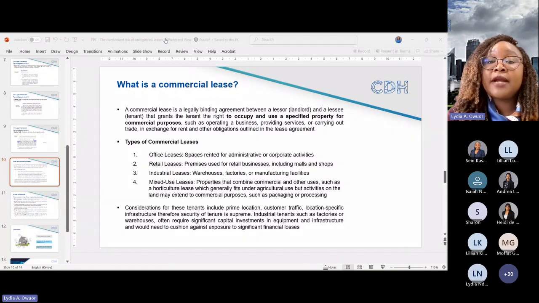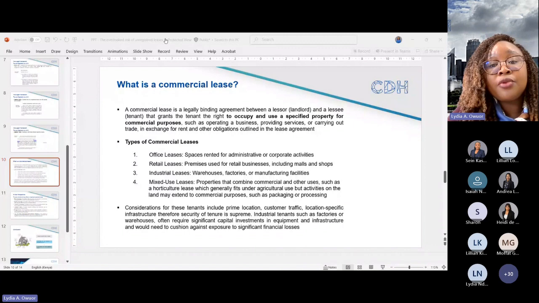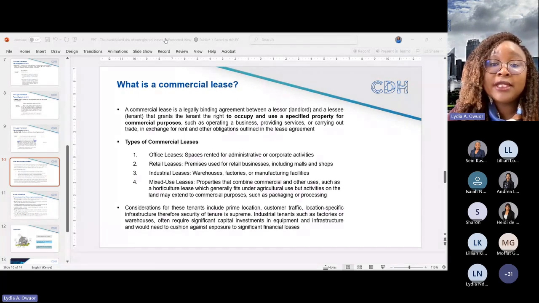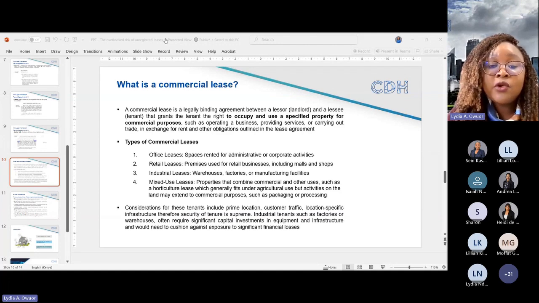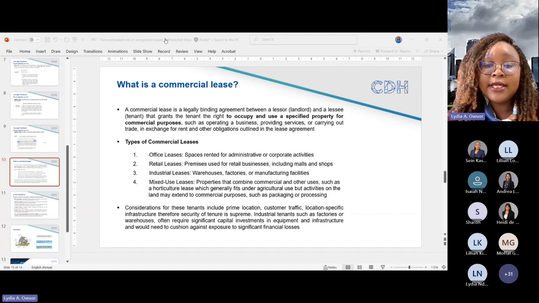Or even advising a party in distress, or assisting with lease audits. This experience has given me a broad perspective on the nuances of leases, and I'm happy to distill the topic we're covering today into something valuable and practical for you. The topic being the overlooked risk of unregistered commercial leases.